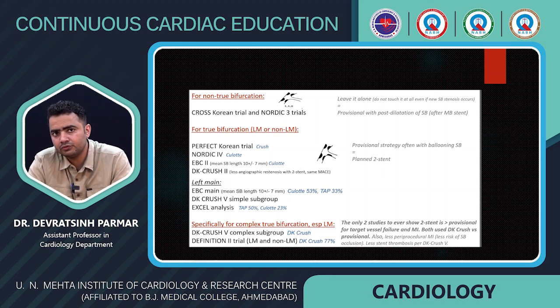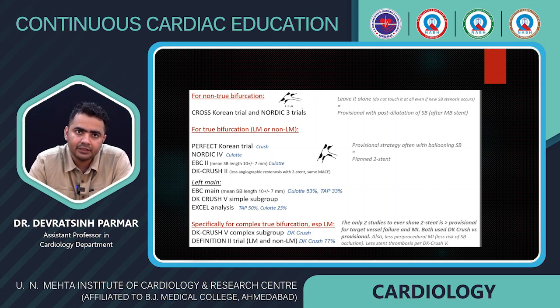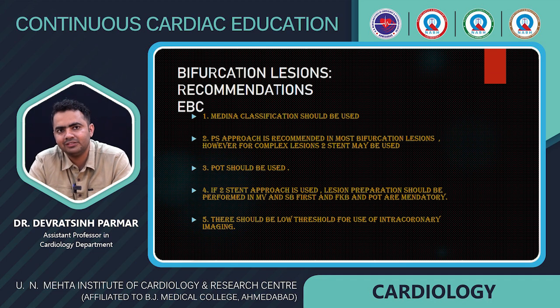Nordic 4 was for the Culotte, EBC 2 was for the Culotte, and DK crush 2 was for the non-LMCA, performed with DK crush techniques. And in left main LMCA involvement, EBC Main, DK crush 5 and the Excel analysis have shown that the upfront two stent strategy was found better than provisional stenting.